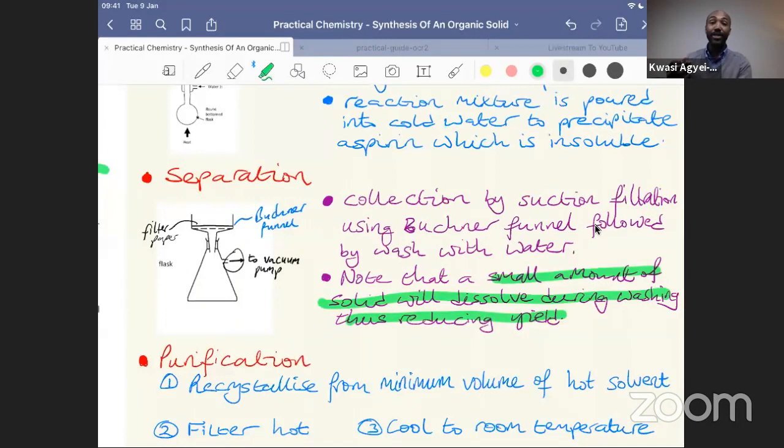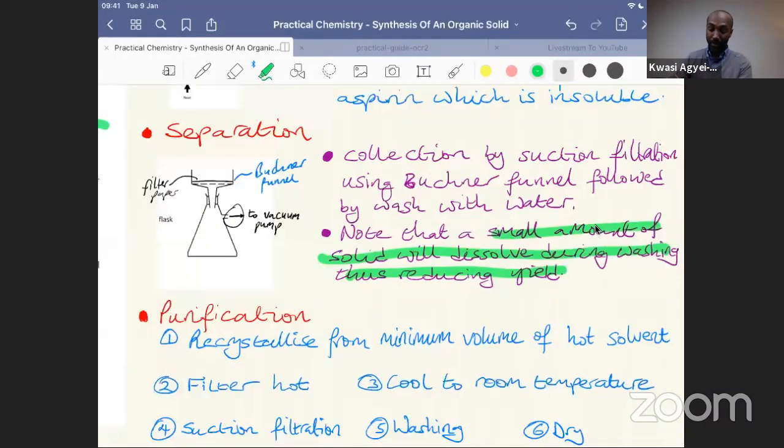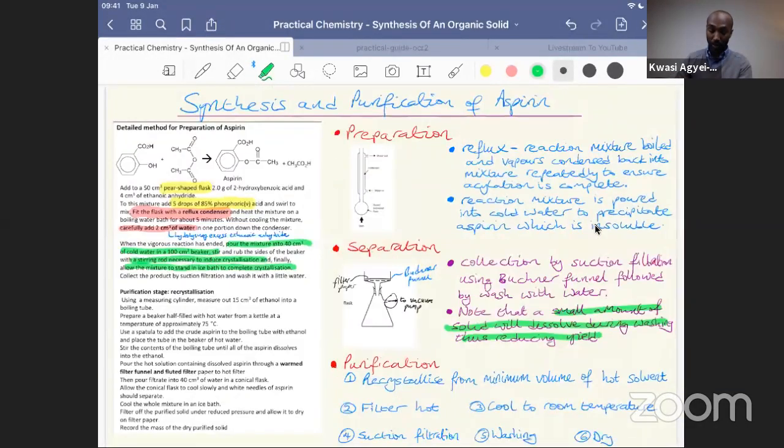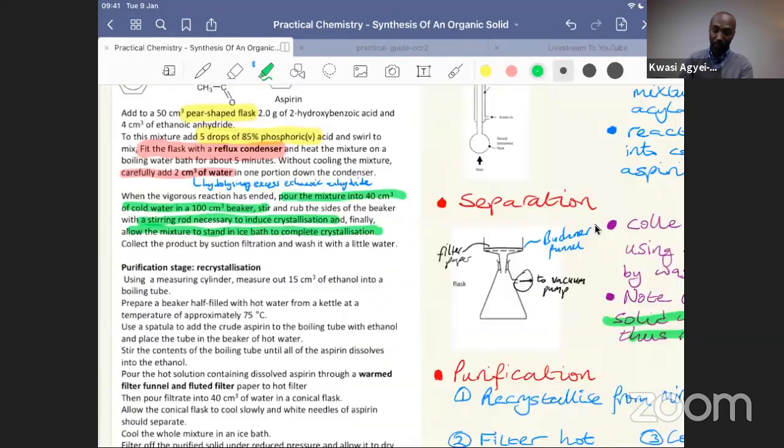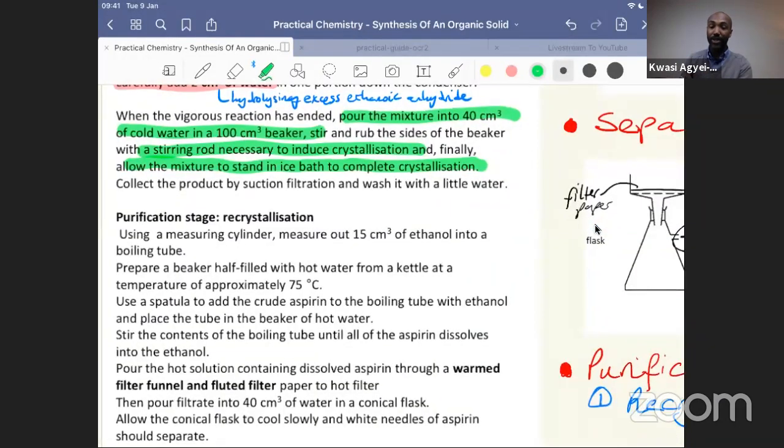And the next thing to do is, of course, to purify that solid. And purification of any solid involves recrystallization. Okay, so we're going to need to recrystallize our solid. And if we look at what's required in the purification stage, there are some general principles for recrystallizing any organic solid.